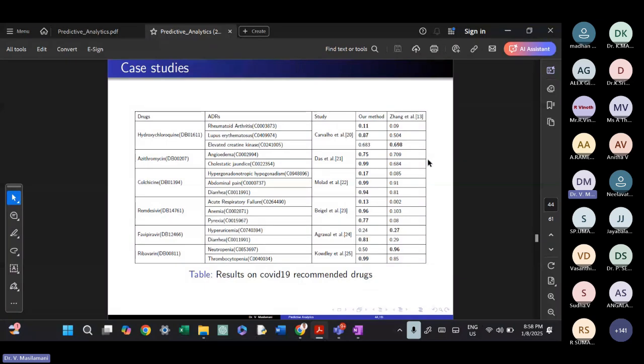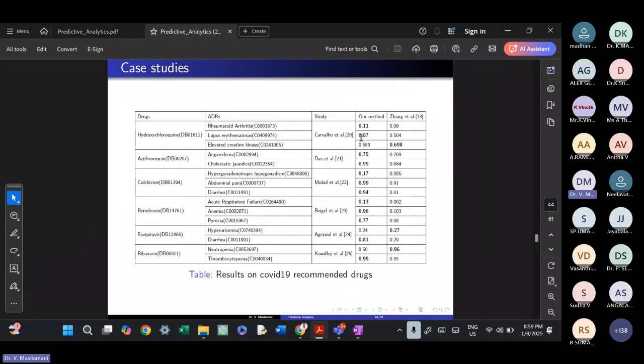So for various drugs, for various ADRs, the reports are given. This hydroxychloroquine, it's a drug given for COVID affected people, and that drug is known to cause these three ADRs, and our method is able to predict with AUROC score of 0.11 only, right, for the first one.